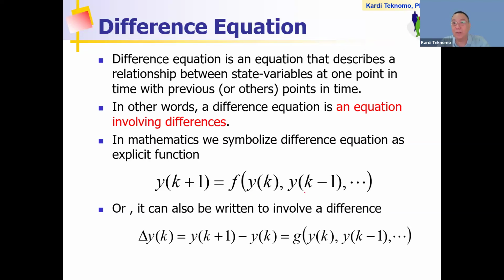Because this is k+1 and this is y_k, we can put this part on the right hand side, something like this. That means you have a difference, and the difference is a function, another function g here, of the same thing.